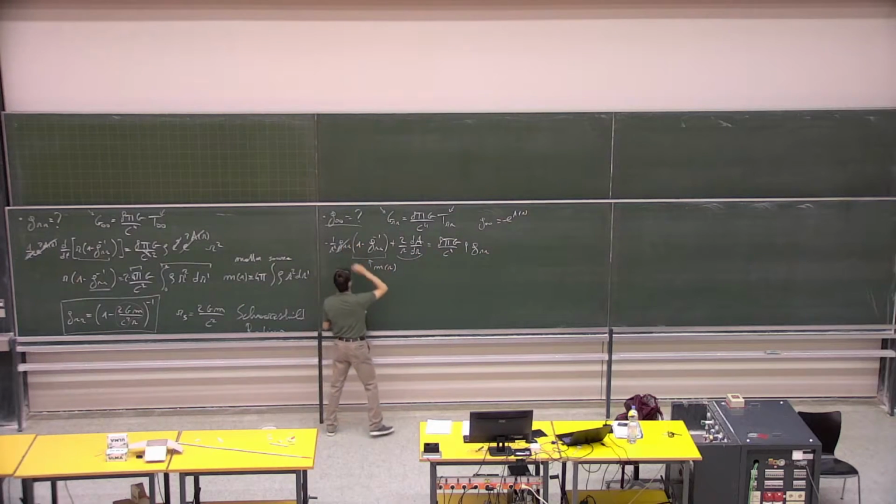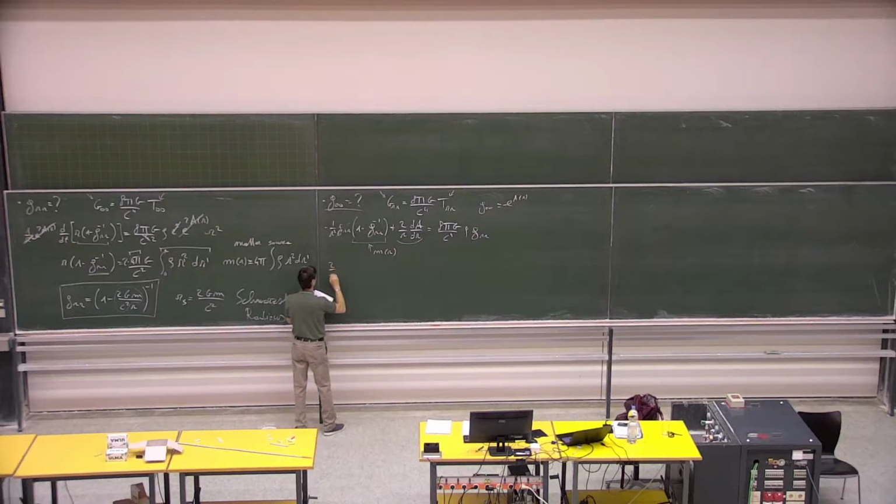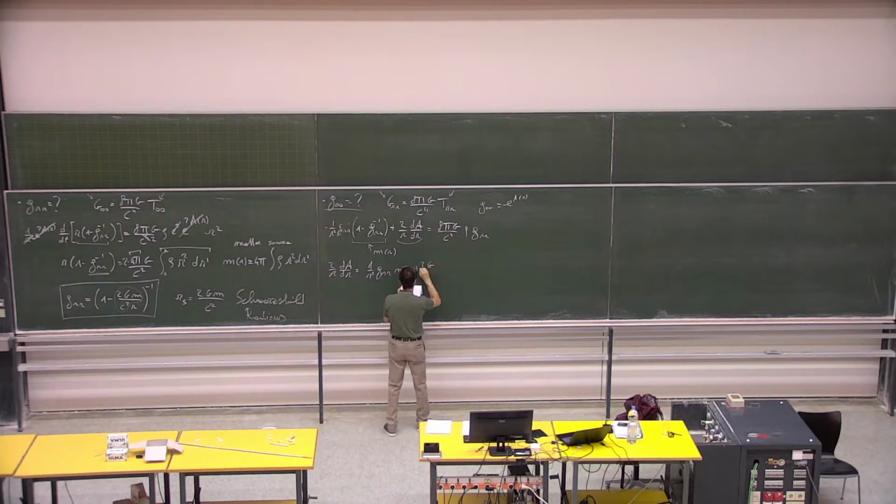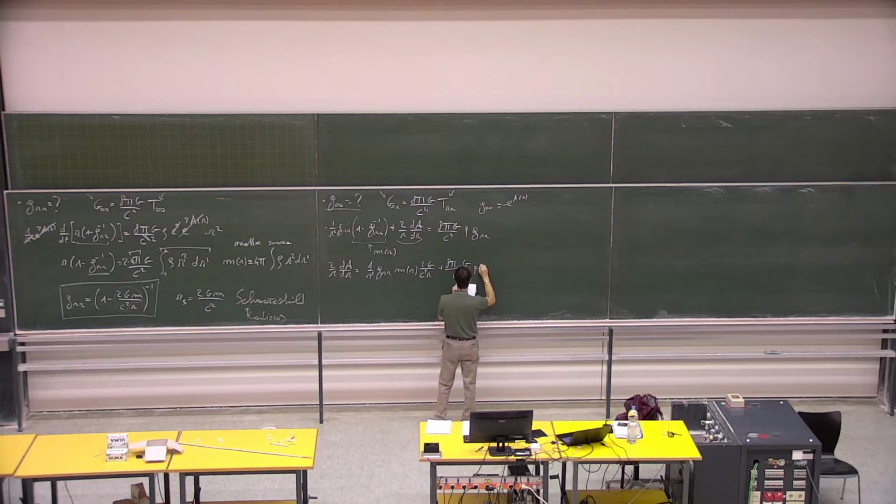So we have GRR. Oh, sorry, it doesn't cancel out, this remains. So we just isolate this guy here, and we get 2 over R dA over dR equal to 1 over R squared GRR M(R), that is popping up by the substitution of this term given the definition of M(R), 2G over c squared R plus 8 pi G over c to the power of 4 P GRR.